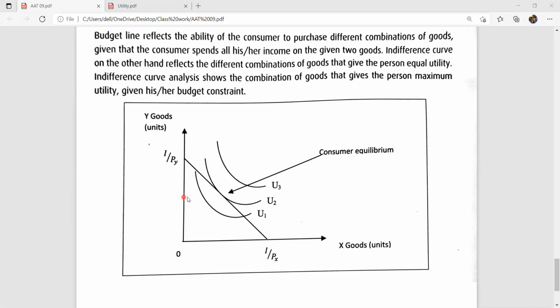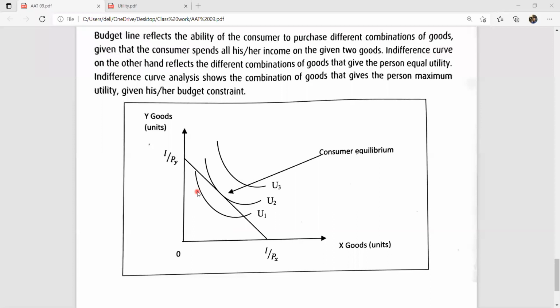Then the consumer purchases the number of units that the consumer can purchase. The consumer doesn't buy this one because the consumer does not have such an income. The consumer doesn't buy this one either because it gives very little satisfaction.